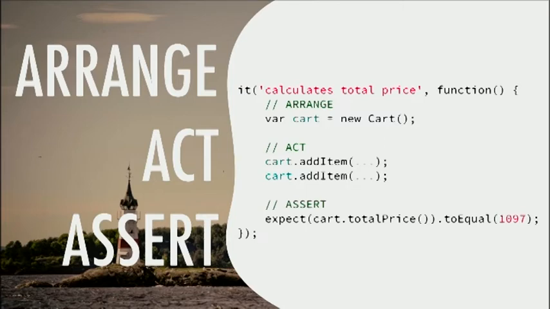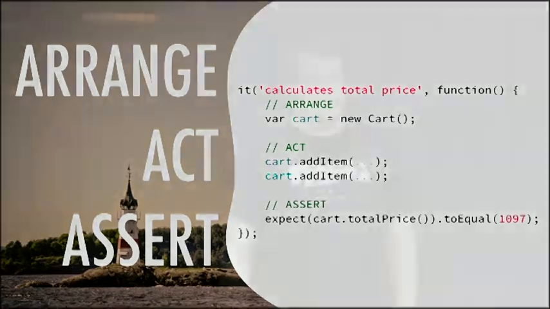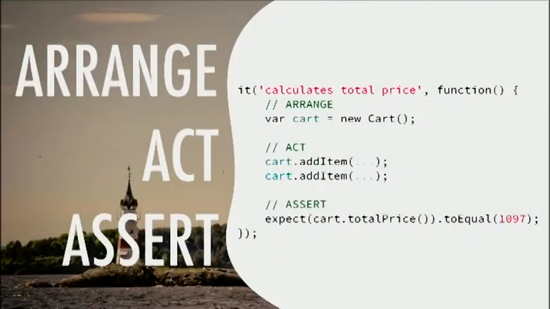For example, the total price is supposed to be correct. Sometimes you might skip act because everything is part of the arrange step, but try to follow this way of thinking. I also try to keep it to one assertion, one expect per test. It's easier to understand what's going on, and easier to write a good explanation at the top.